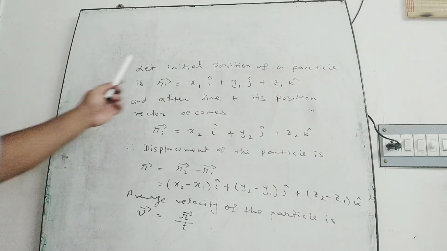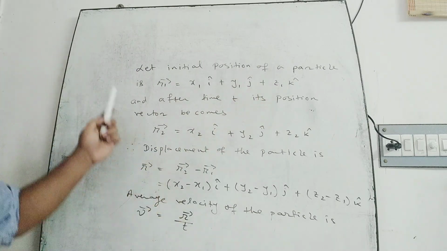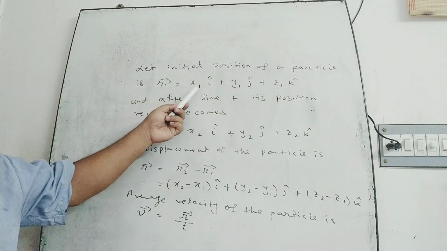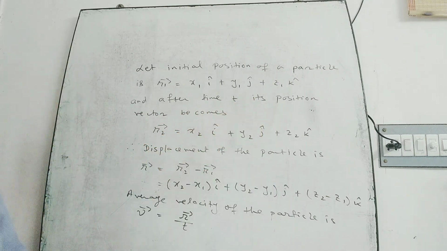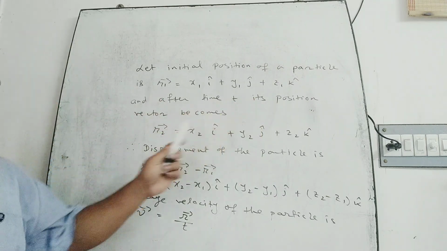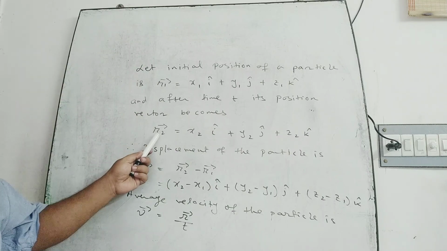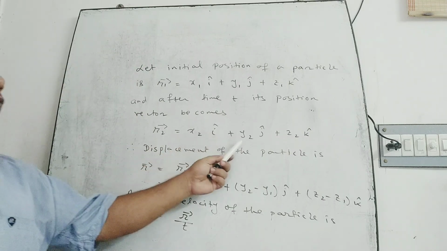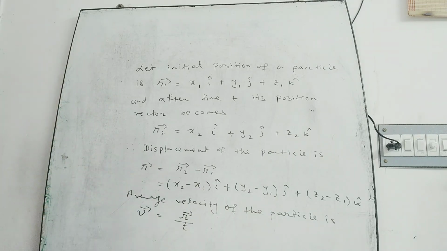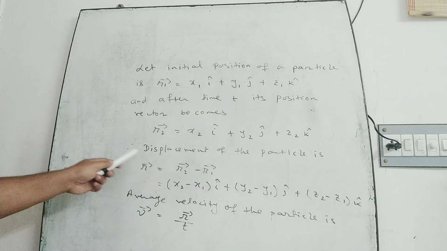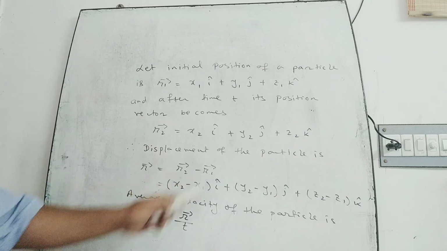Let the initial position of a particle be r1 vector is equal to x1 i cap plus y1 j cap plus z1 k cap, and after time t its position vector becomes r2 vector is equal to x2 i cap plus y2 j cap plus z2 k cap. Therefore, the displacement of the particle is r vector is equal to r2 vector minus r1 vector.